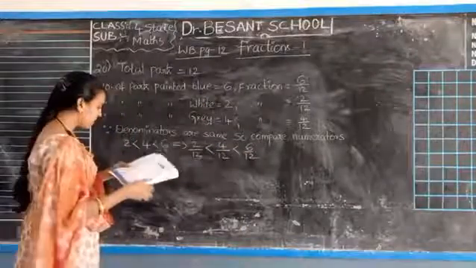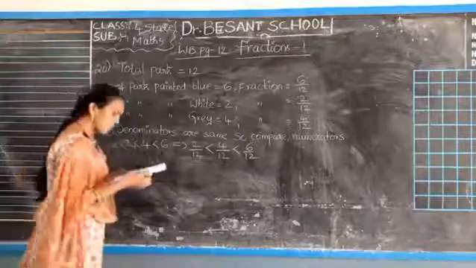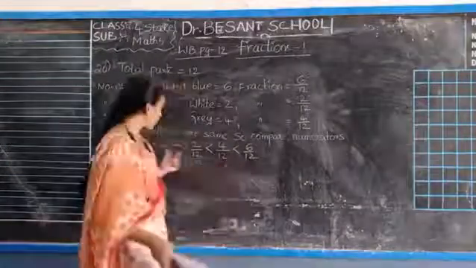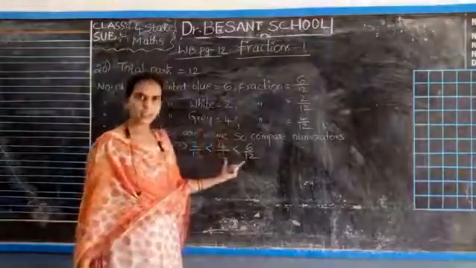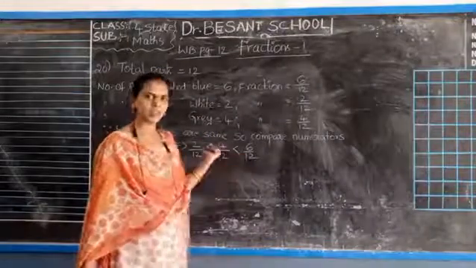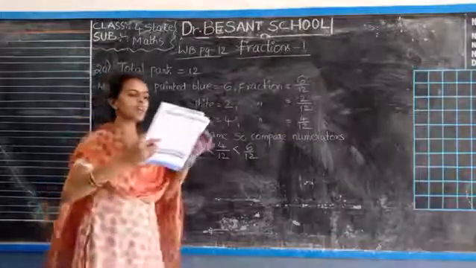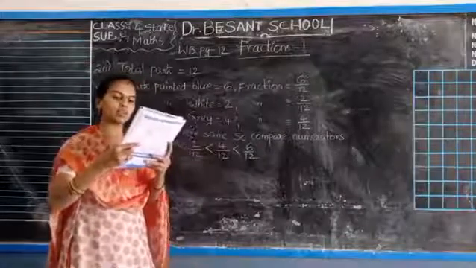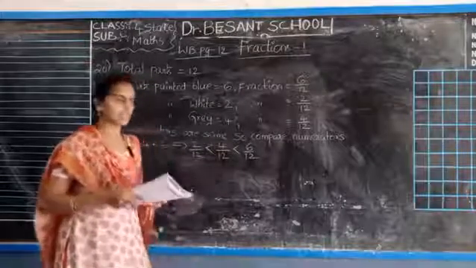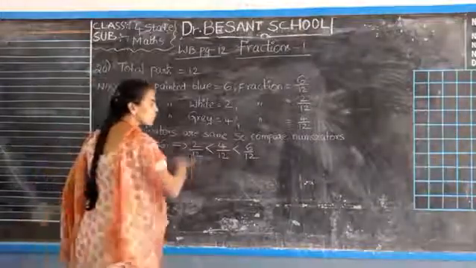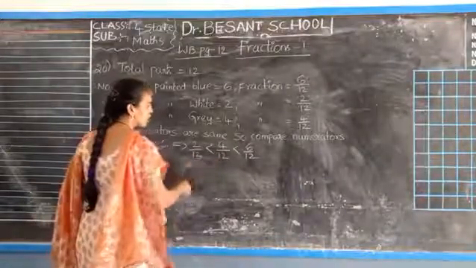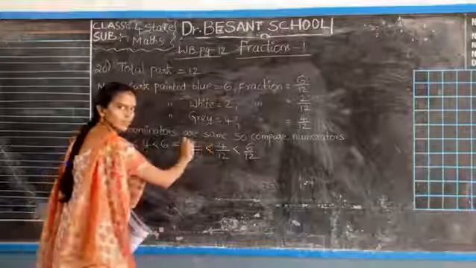After that, what is he asking us? Compare the fractions. Yes, we have compared, no? We have arranged them in ascending order. That means it's a comparison only. Next, which color is used the most? Which is used the least? That also he is asking us. From these 3 fractions, this is the smallest fraction, yes or no?